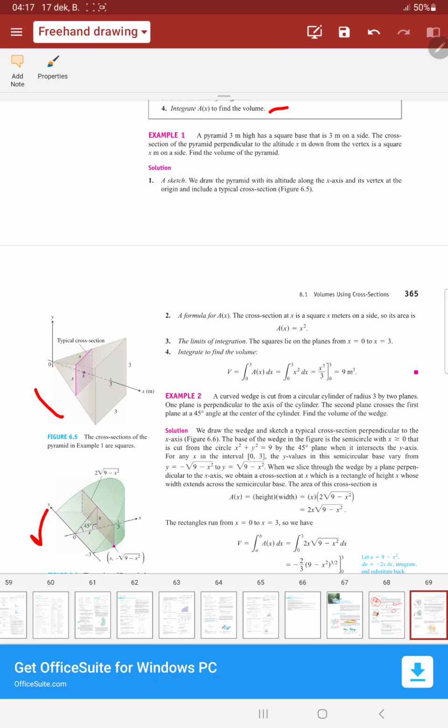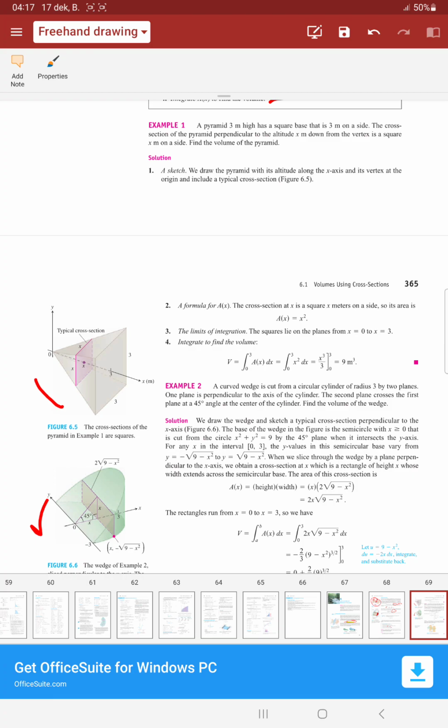Okay, so we have a square, and the length of our square side is x, and the height of our pyramid is 3.